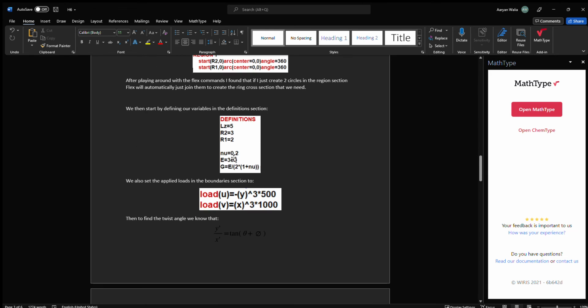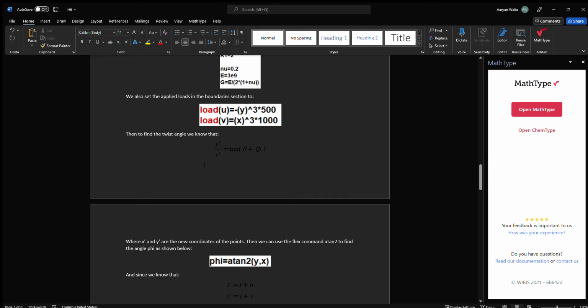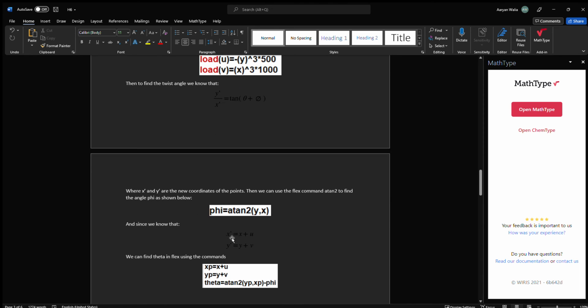And then we're defining our variables and our loads.